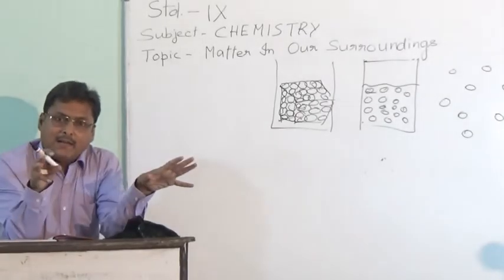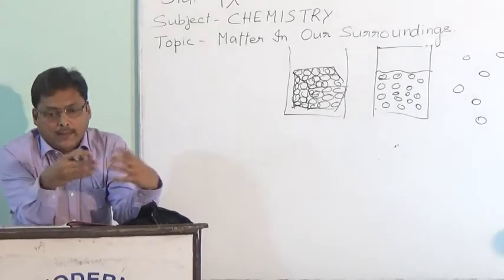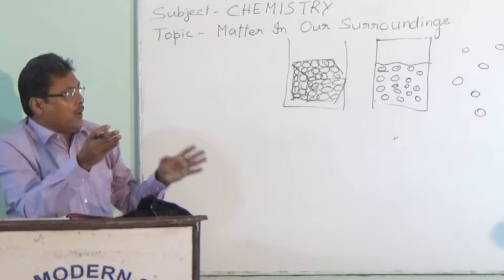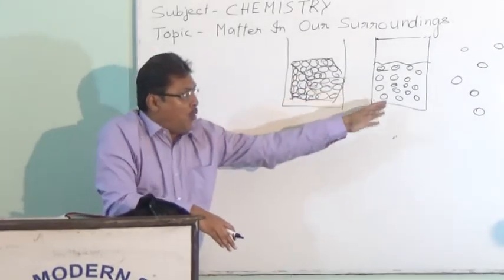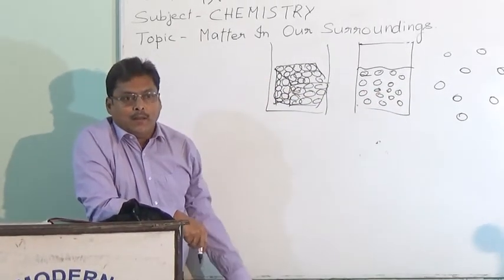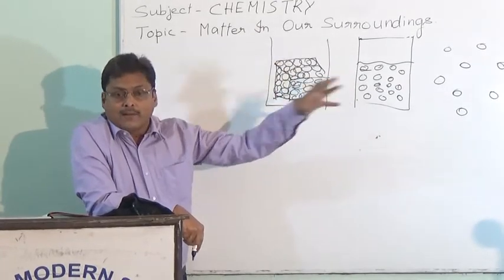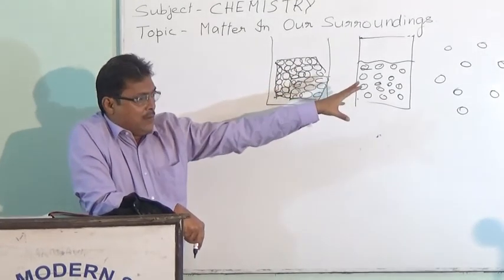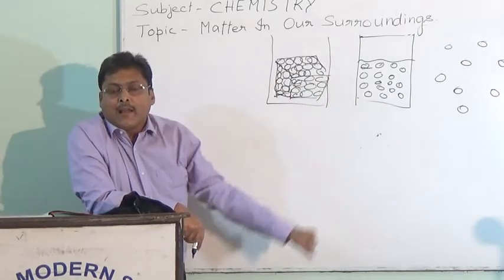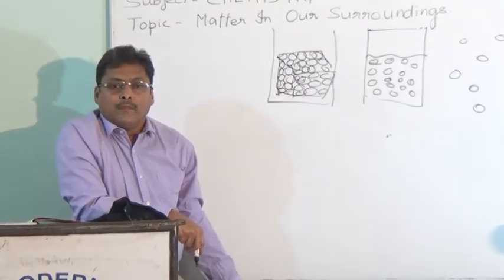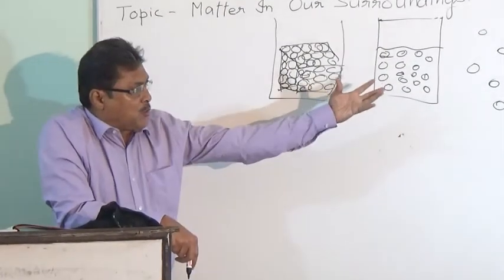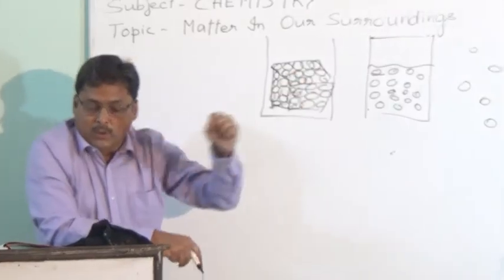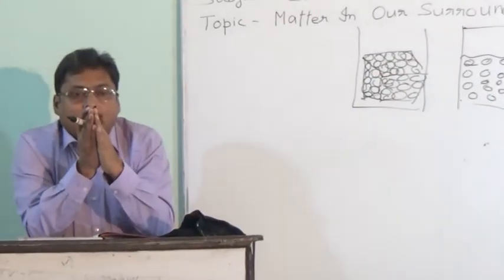They are increasing the distance between them. So gaseous substances are more fluid than the liquid. They need a sealed container to keep them inside. So these are the basic characteristics.